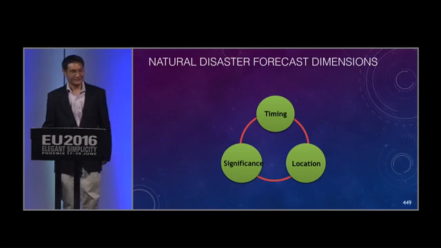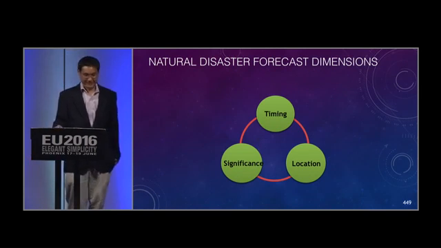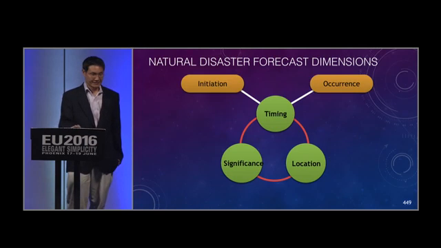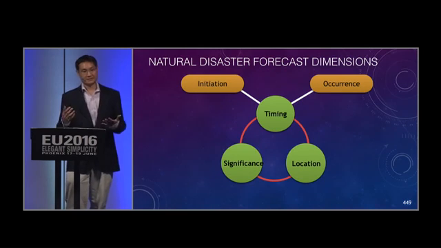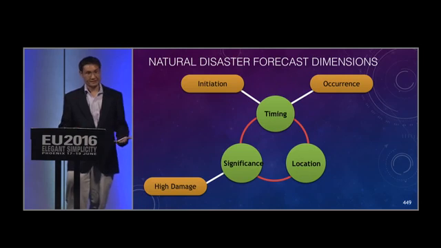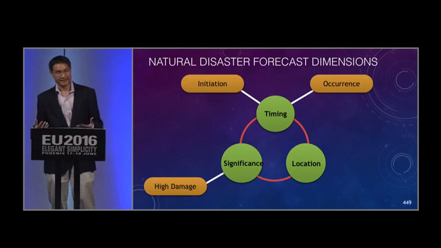So the same thing for natural disaster forecast. Once it's significant, we want to look at the timing, which is the initialization of the events, and of course, the occurrence of the events. In terms of significance, we emphasize high damage, meaning it could have impact on human infrastructures.